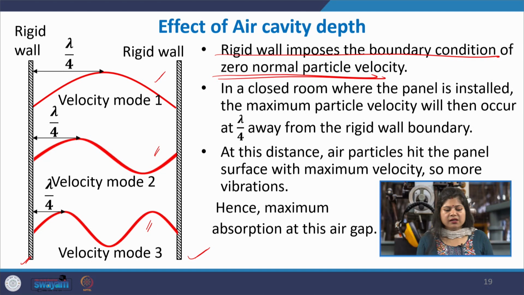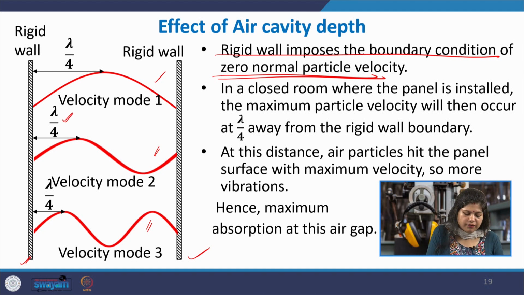Now, you see here that the velocity is maximum at lambda by 4 away from the rigid wall. If the wave front is something like this, at lambda by 4 you have the maximum velocity away from the rigid wall. Even if the wave front is like this, again the nearest distance from the rigid wall where we get the maximum acoustic velocity is lambda by 4.